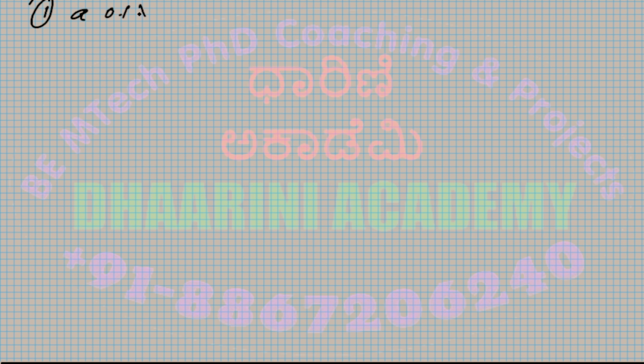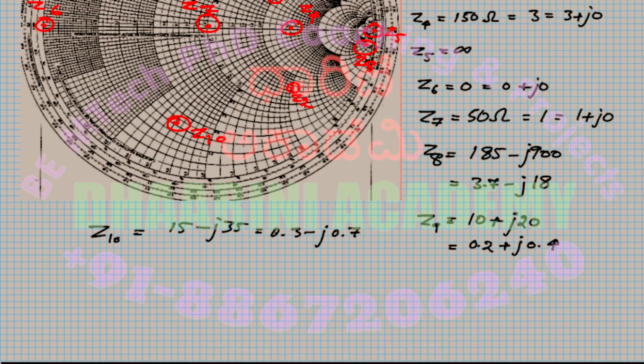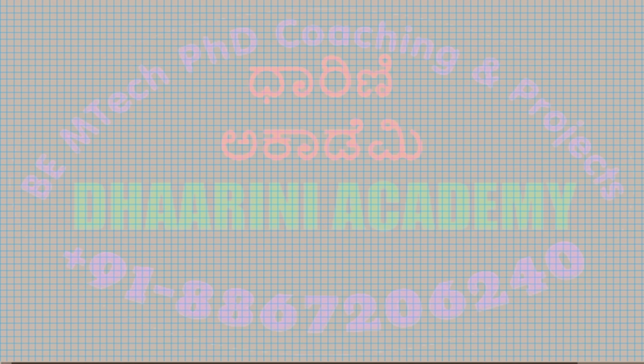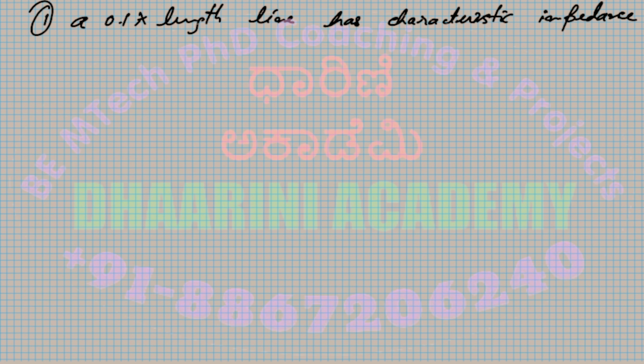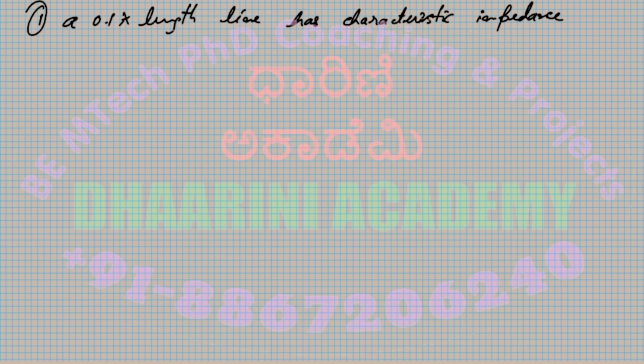A 0.1 lambda length transmission line has a characteristic impedance of 50 ohms.